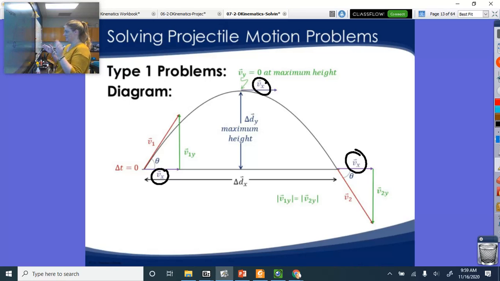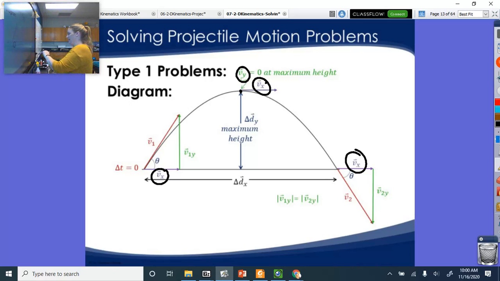Our total displacement from start to finish, we can cut it in half to figure out where this maximum height is going to be. But at that maximum height, we're not moving up anymore. So we're basically paused at the top there for that little brief partial second in time.